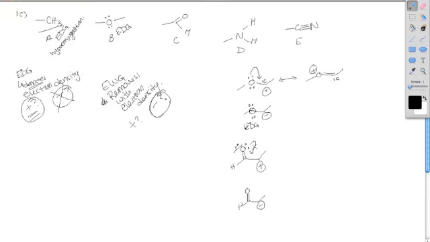But what you actually have to pay attention to is the flow of electrons, not necessarily the presence of the lone pairs. So this isn't going to be able to donate the electron density.